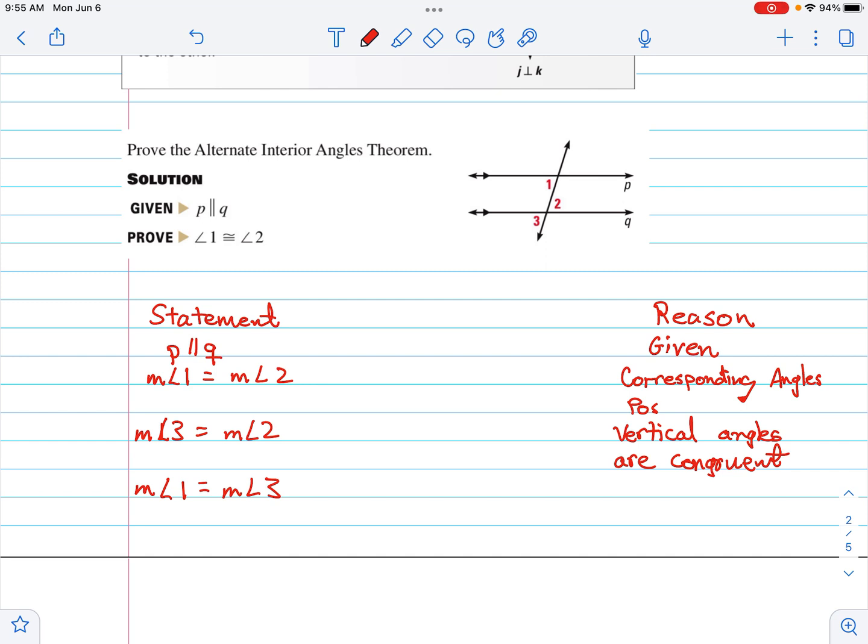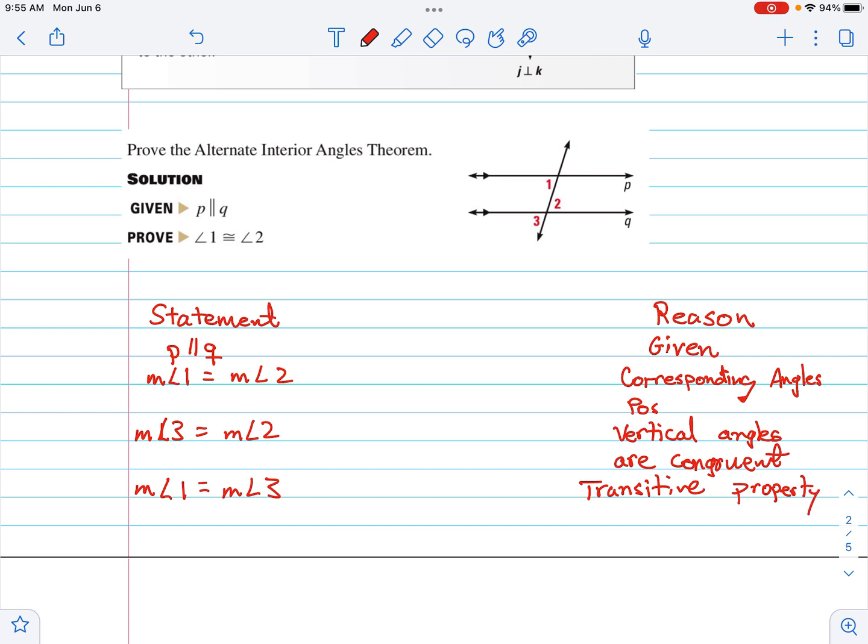See, 1 is congruent to 2, 2 is congruent to 3, therefore 1 is congruent to 3. So this is the transitive property of congruence, okay?